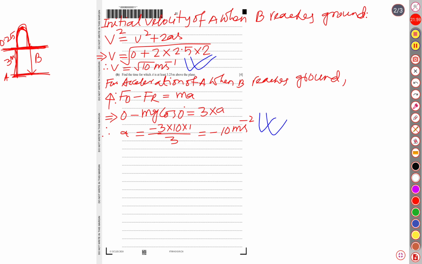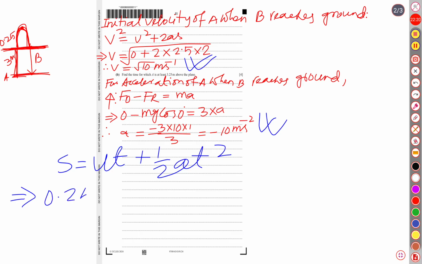So simply we can apply the formula of kinematics, that is s equal to ut plus half a t square. Okay, so 3 meters have already been traveled by each of A and B, so there remains only 0.25 meters. So 0.25 is equal to initial velocity, which has already been obtained, it is 10, so 10t.